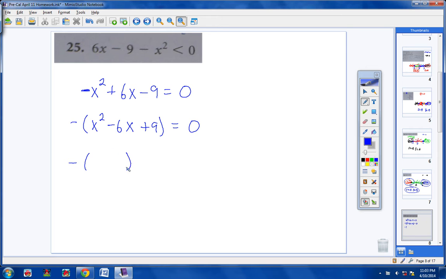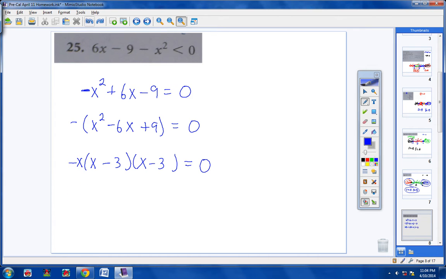What two numbers when multiplied together give me 9, when added together give me a negative 6? Well, that's going to be a negative 3 and a negative 3. Now, you say, Mr. Art, what about this negative sign here? Well, guys, look, this negative sign really doesn't matter here because there's no x with it. Now, if there was a negative x there, then the number that would satisfy this group would simply be 0.